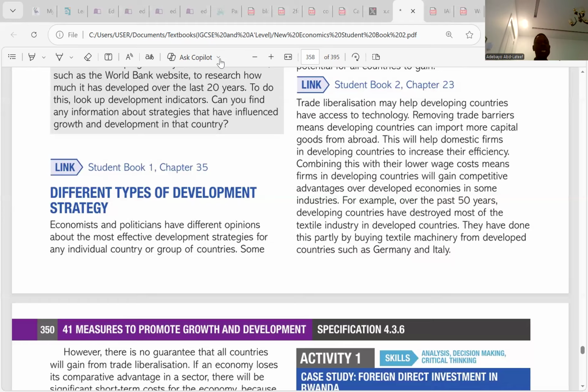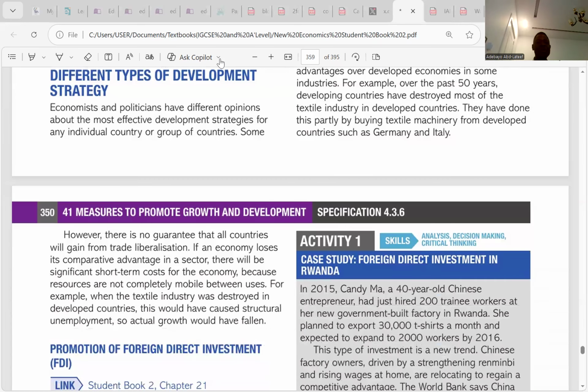However, yes, we said trade liberalization makes both importation and exportation easier. But there's no guarantee. And why is there no guarantee? Because it depends on how strong the economy is, the kind of governance each economy has, and how accessible the raw materials needed are.